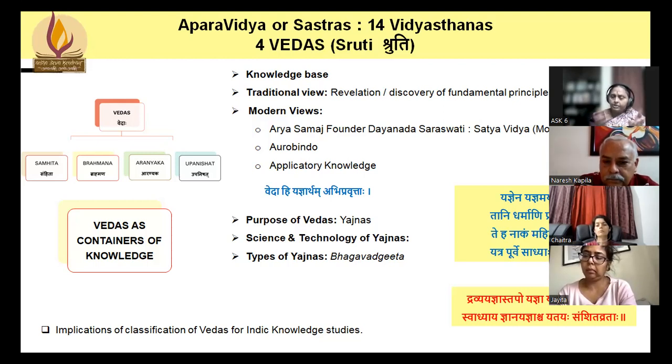In dravya yajna, you are offering something to others. Then tapo yajna, you are doing a lot of penance. Then yoga, you are practicing yoga. Then swadhyaya, you are improving your knowledge, levels of learning. Like that, many levels are there in this. Many types of yajnas are there, but the end result is for the benefit of the society. Is it clear?